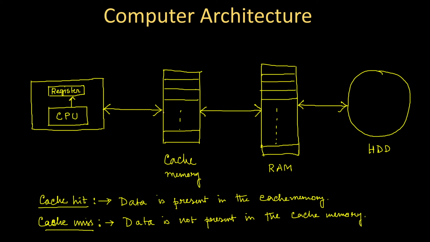We will discuss the communication between cache memory and RAM. Before starting, we have to make sure that we are discussing the exact address of the memory location, what we call the physical address.